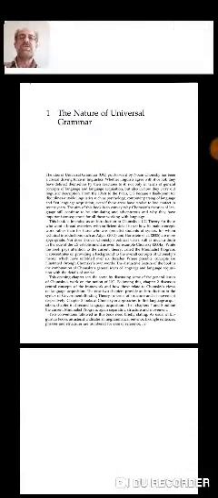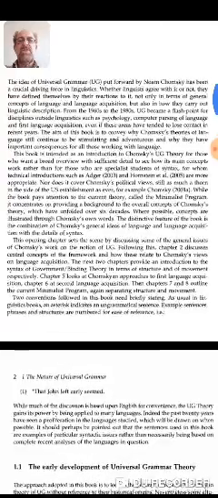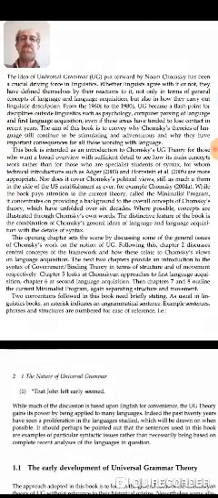This is the introduction on the nature of universal grammar. If you go to the first paragraph of this book, you will find three lines to the end of paragraph 1.